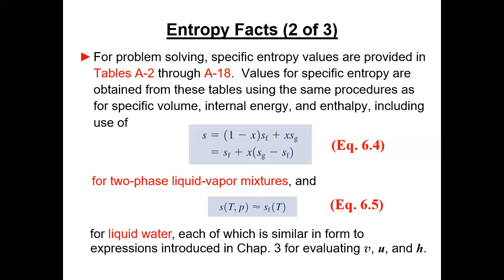You're a long way away from, say, 500. So the thing to do would be to just look it up at the temperature and not worry about that little difference. Okay. All right. This was the same discussion that we had in chapter 3 for evaluating specific volume, internal energy, and enthalpy.